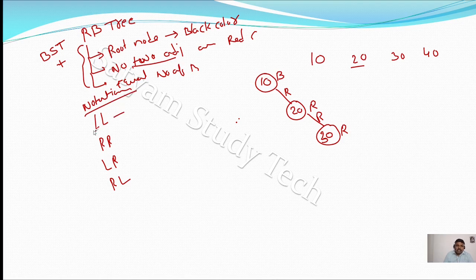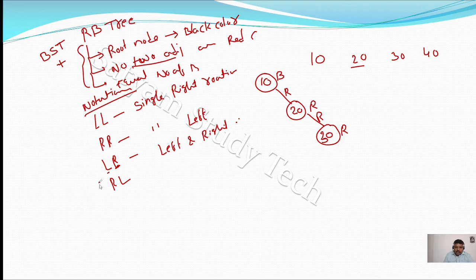LL means left of left, and whenever you see left of left, you perform a single right rotation. For LR, first perform a left rotation and then a right rotation.